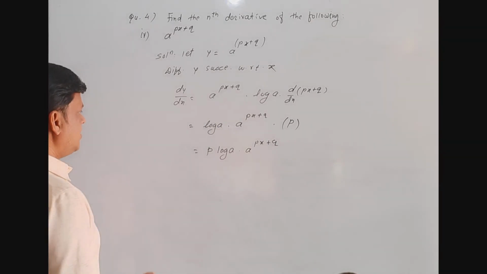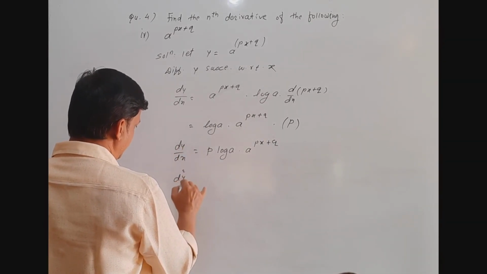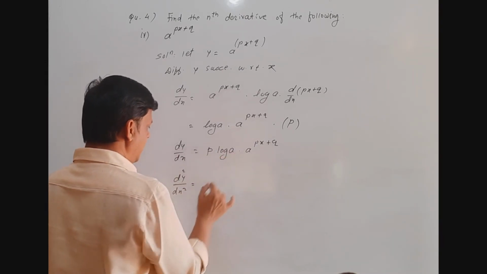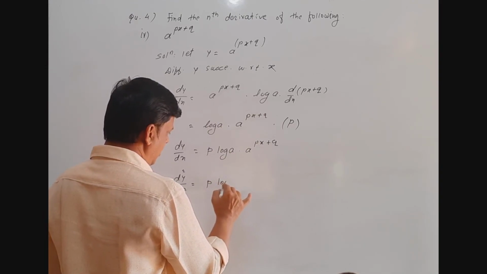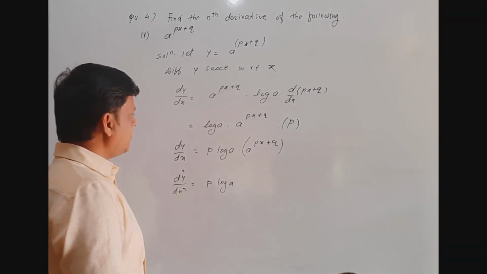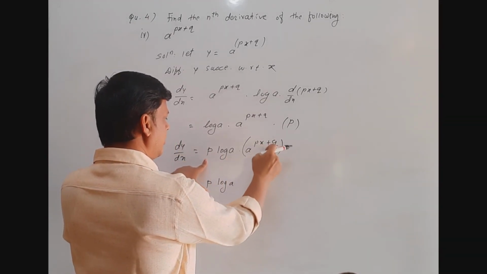Now we again differentiate this derivative with respect to x. So we get here d2y by dx2 is equals to, now p log a is constant, so keep p log a as it is. Find derivative of a raised to the power px plus q, which we get p log a into a raised to the power px plus q.